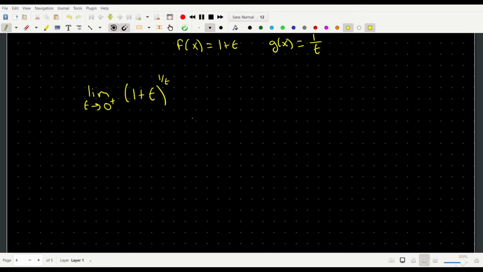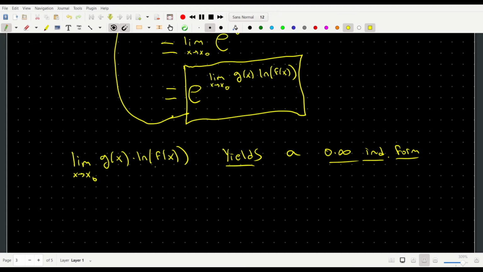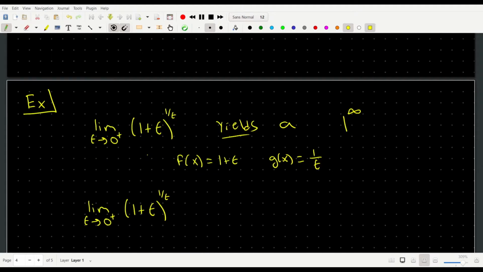And so to get this limit, what we need to look at is the limit of g of x times natural log of f of x.